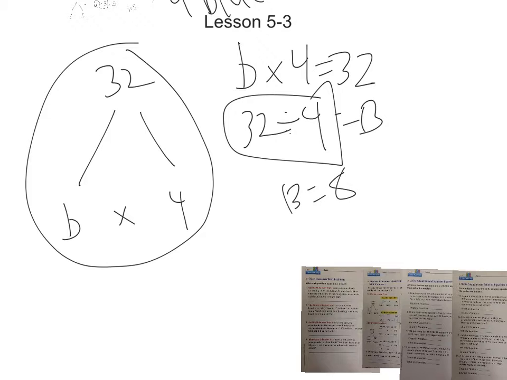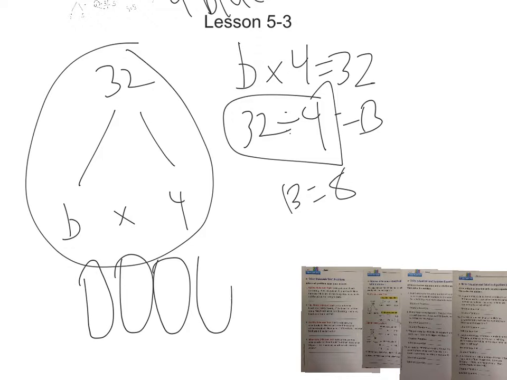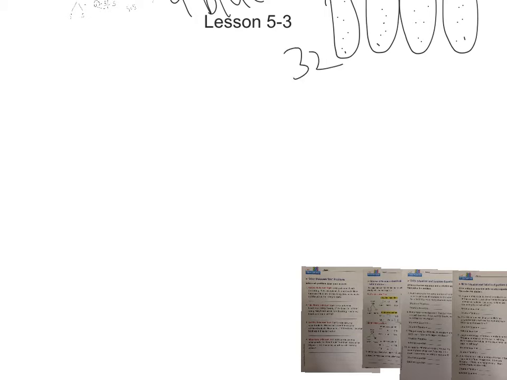If you have to do drawings for 32 divided by 4, you could just give 4 people and then just divide 32 granola bars equally between the 4 people, and you'll end up with 8 in each. Alright, so that's that one. Let's get that out of the way. And that was multiplication division.